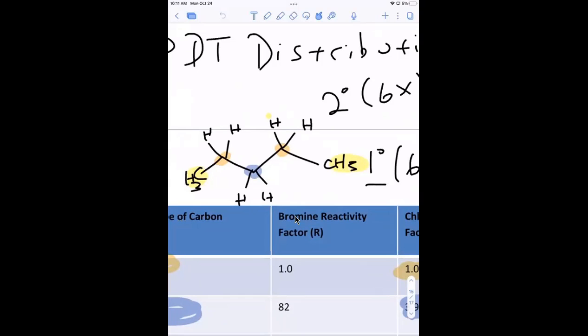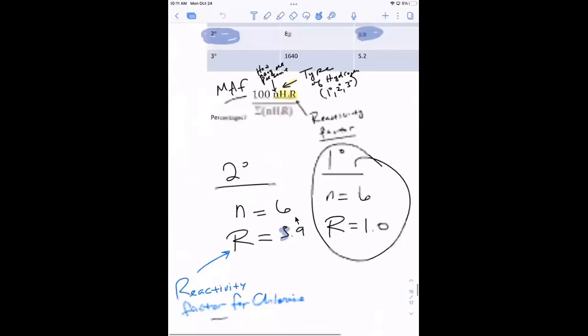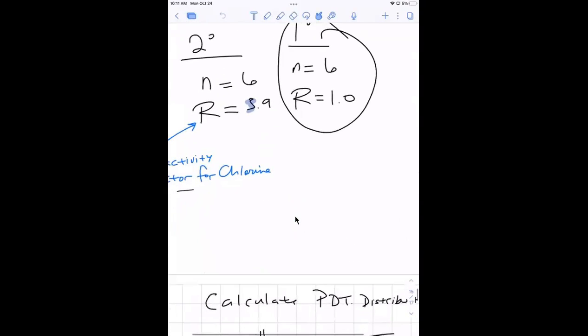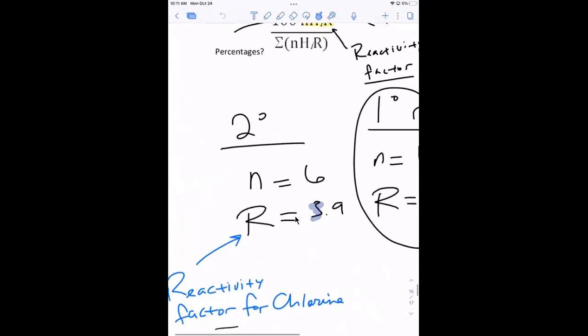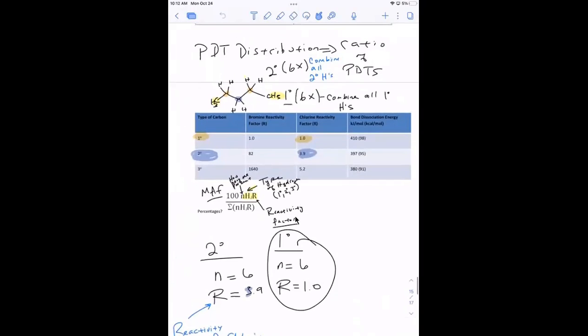So let's go back to here. I said up here that for the secondary, if we're just doing the sum of the secondaries, N is 6, because we have 4 of them in orange and 2 in blue, but we'll total them up for that sum.